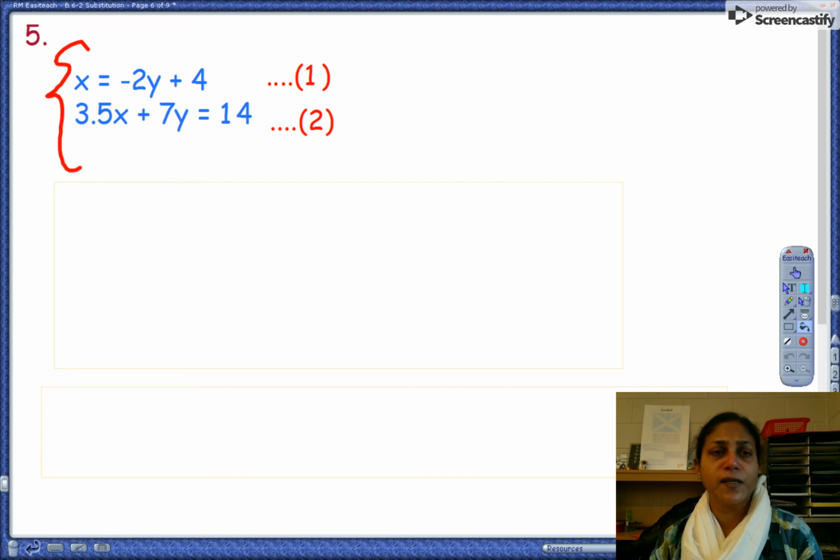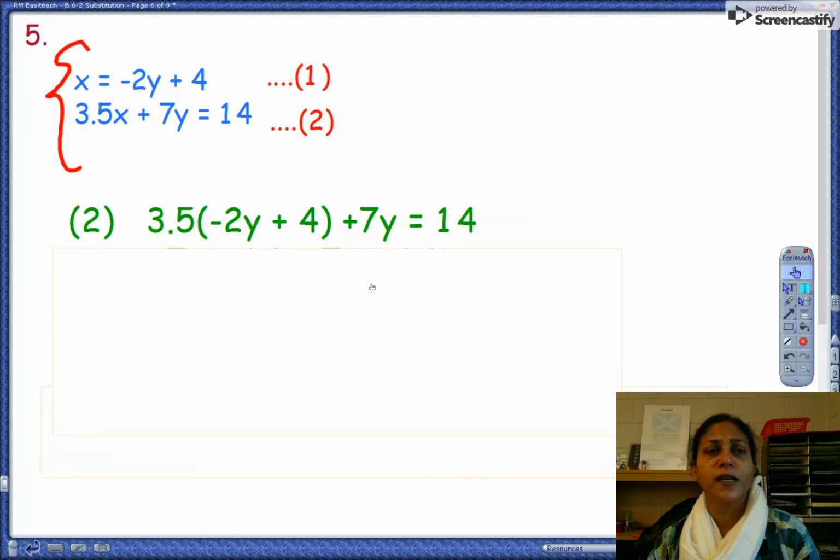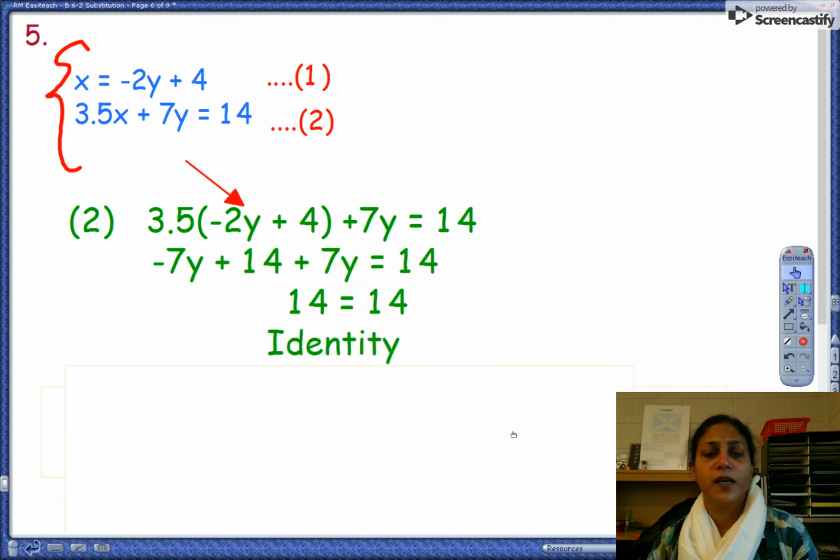Let's try this one. Here, x is already isolated in the first equation, so we're going to use that x value in the second equation to create one equation with one variable and then simplify. And here it turns out that the y's cancel out and we get 14 is equal to 14.